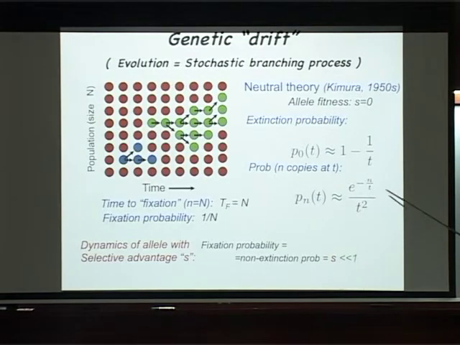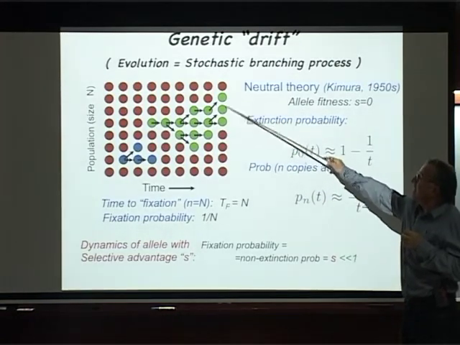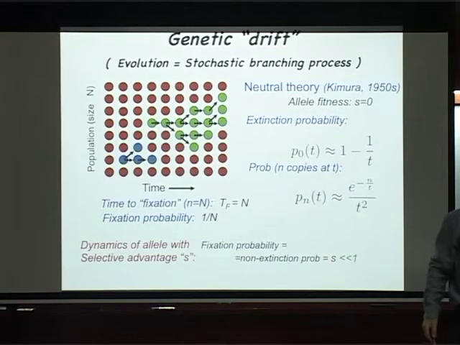So one can actually calculate more, and calculate the probability of finding exactly n, let's say in this case exactly 3 alleles in the whole population.